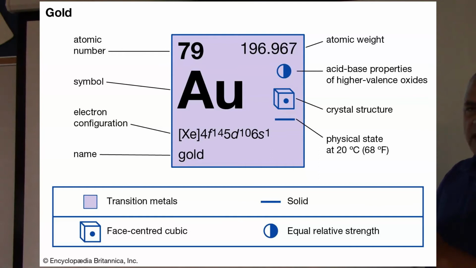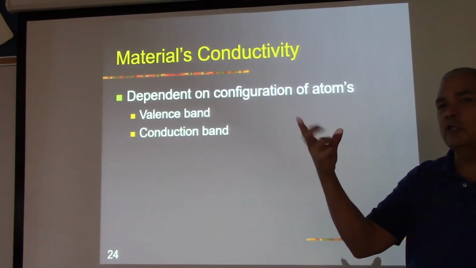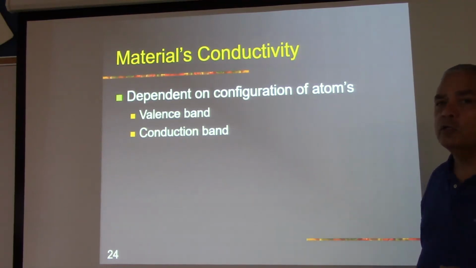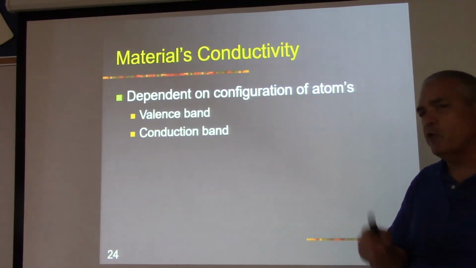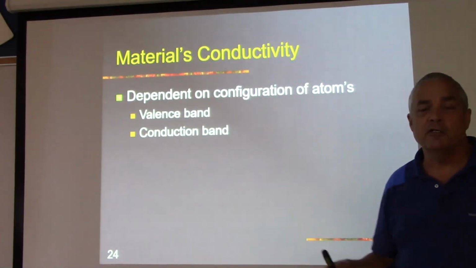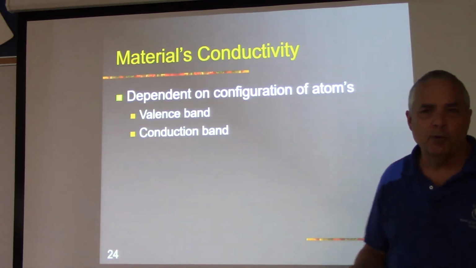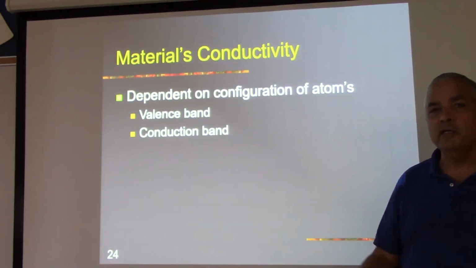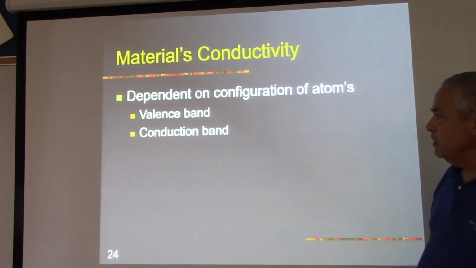Now, gold is a heavy element, relatively speaking, so its conduction band is far out from the nucleus, and those outer electrons are very loosely held, and so that gold conducts electricity like nobody's business. It is hands down, as far as I know, the best conductor we got, besides those superconductors that they use in MRI. But you'll notice that, like with really expensive computer components, they have gold-plated contacts. That's because it's one of the best conductors there is.